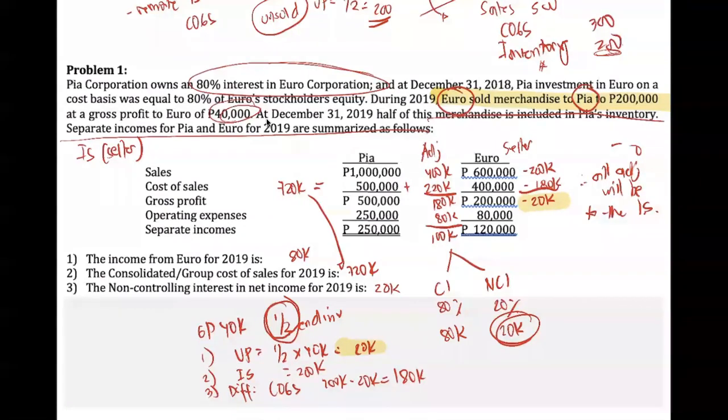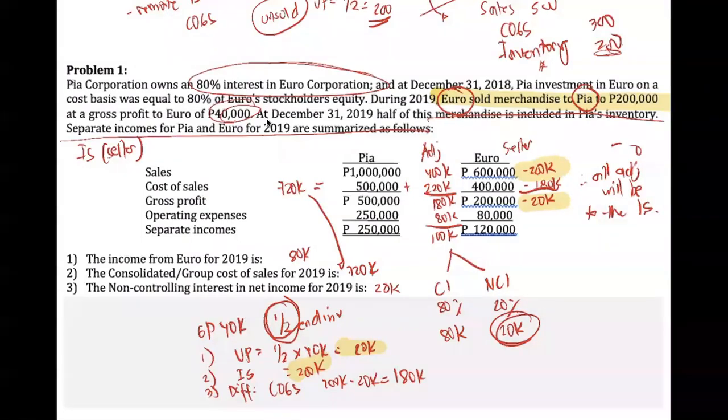Second step, you determine the amount of intercompany sale. Who is our seller? Euro. How much is the sale? Euro sold merchandise to PIA for 200,000. So our intercompany sale is 200,000. Next, you determine the difference between the unsold and the intercompany sale. The intercompany sale is 200 and the unrealized profit is 20.